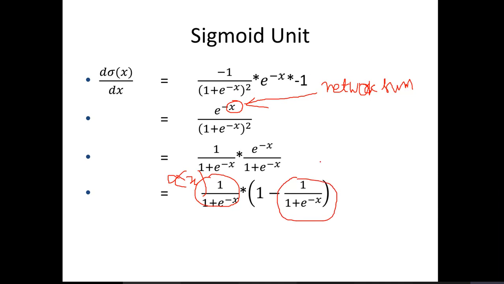And this is sigma x. So ultimately it becomes sigma x into 1 minus sigma x, which is a very elegant property of the sigmoid function.